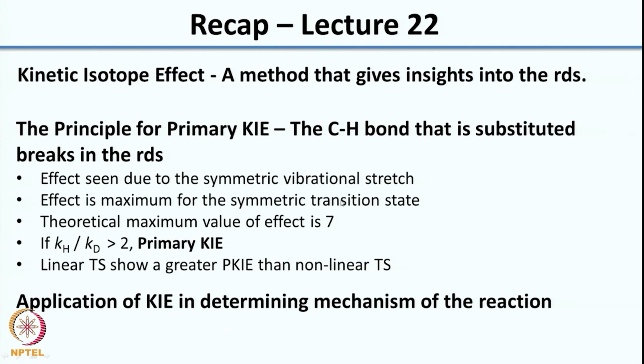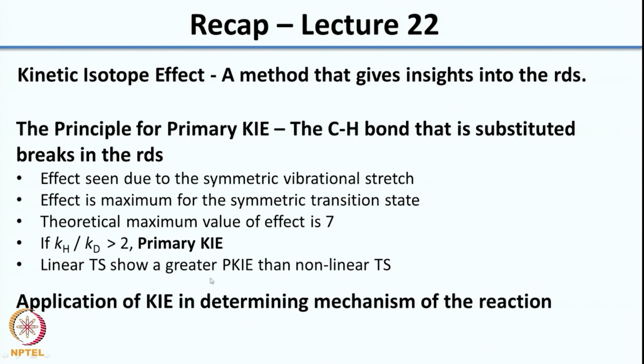Effect is maximum for a symmetric transition state and the theoretical maximum value is 7. And we had also seen how if you have a kH over kD value greater than 2, it is called a primary kinetic isotope effect.